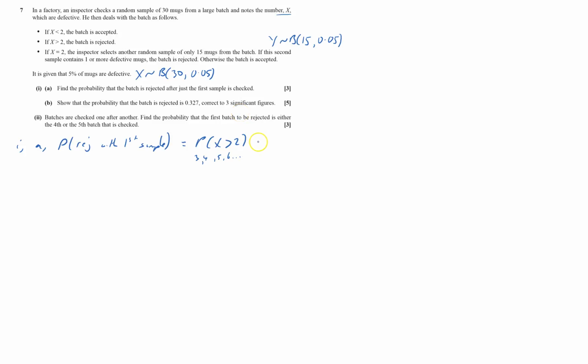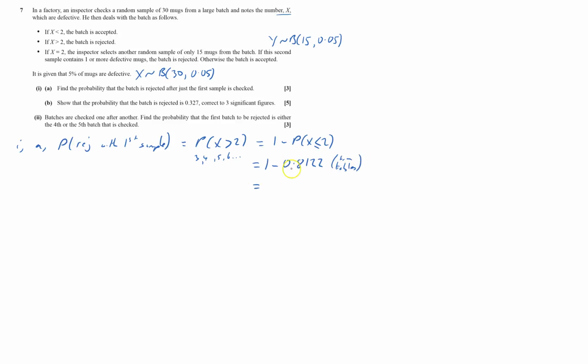So this equals 1 minus the probability that X is less than or equal to 2. Since I've got less than or equal to 2, I can use the tables, so this will be 1 minus 0.8122, from tables.